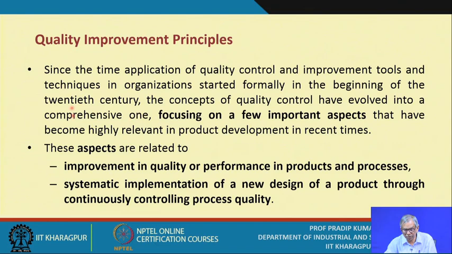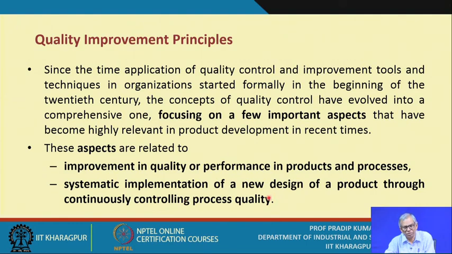Improvement in quality or performance in products and processes. So you should look into both. That means the quality of the product and the quality of the process. And what we have achieved, that means improvement in quality, and this quality is equated with performance. So the main dimension of quality. Systematic implementation of a new design of a product through continuously controlling process quality.